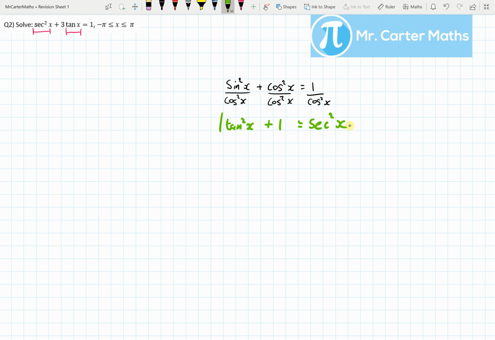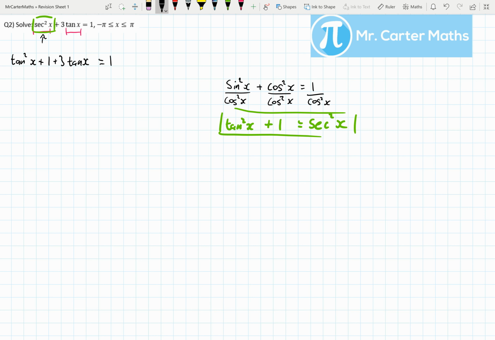So I can use this trig identity. Substitute in. I've already got sec as the subject, so I can substitute in my sec squared over here, and then I'll have all of my terms in tan. So sec squared is tan squared x plus 1. That's my sec squared x there, plus 3 tan x equals 1.